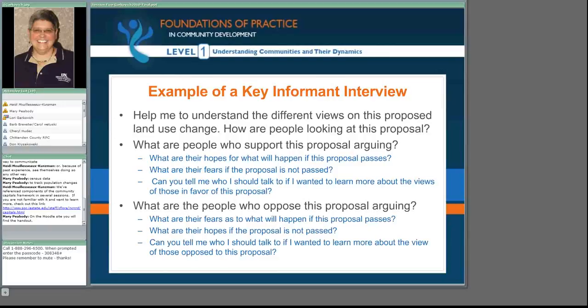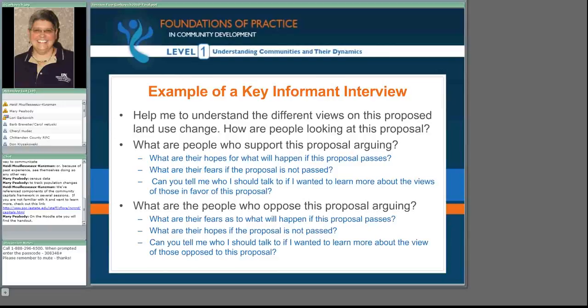So the kinds of questions I asked were, what are your hopes for what will happen if this proposed change occurs? What are your fears if the land use change doesn't happen? And can you tell me who I should talk to if I wanted to learn more about the views of those like you who favor this proposal? And then you flip it for those who are opposed to it.